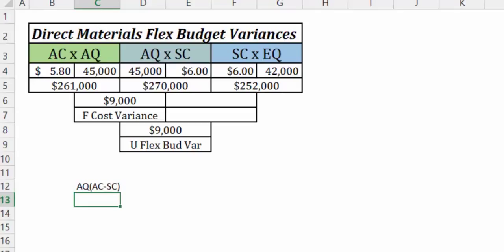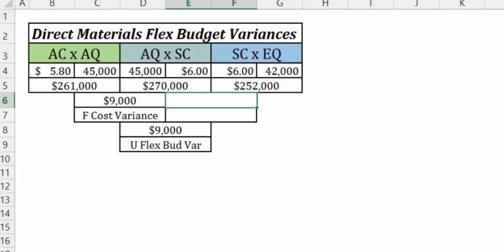And if I take my actual quantity of 45,000 and multiply that by the difference between $5.80 and $6, I get $9,000 negative, or $9,000 difference. Then I need to look and see whether this is a favorable or an unfavorable variance. Because the actual costs were lower than the third budget, it is a favorable variance.